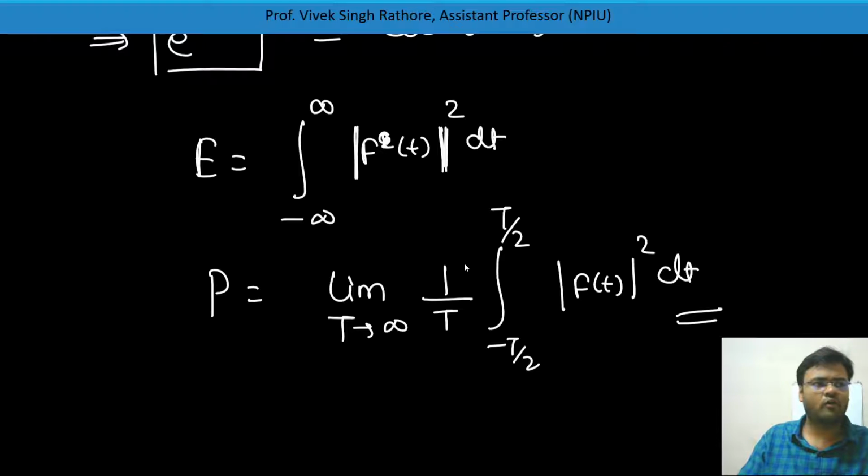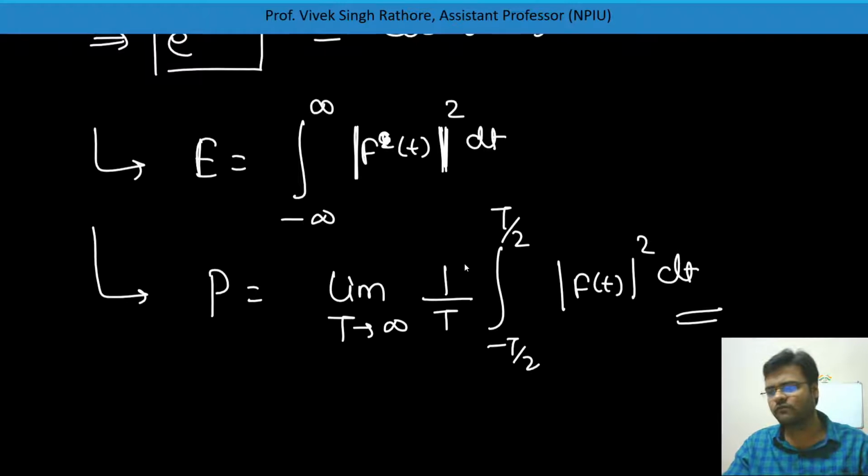So for a complex valued signal you can calculate energy and power by this formula. Whichever complex signal it is, it will have a real value and a complex value. You can take its mod, its magnitude, and then you just need to square it. It is a very simple concept.